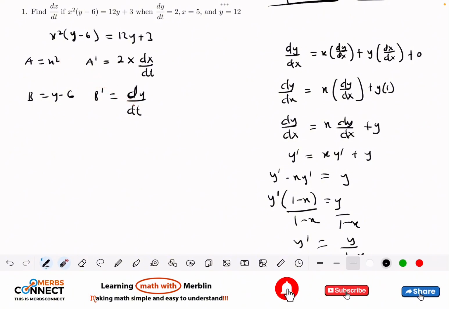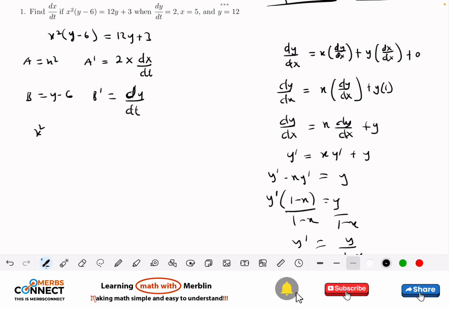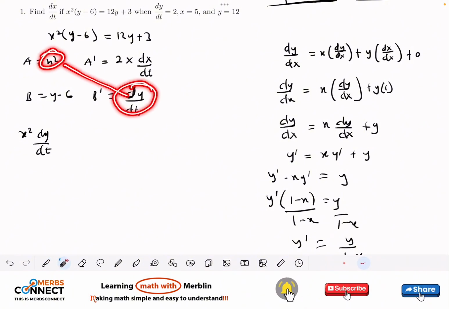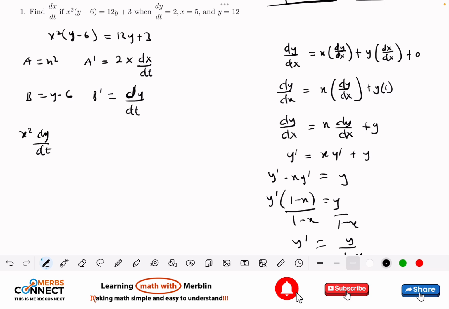So if I'm going this way, then I'm going to have x squared dy over dt. So this times that, then plus this times this.